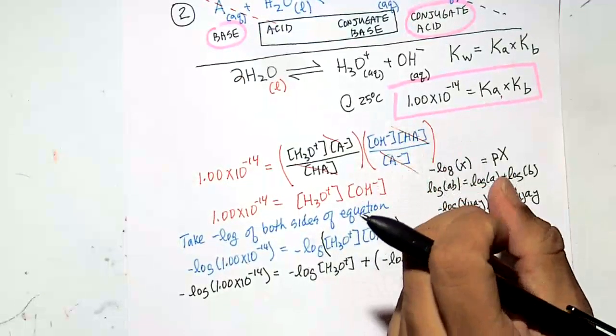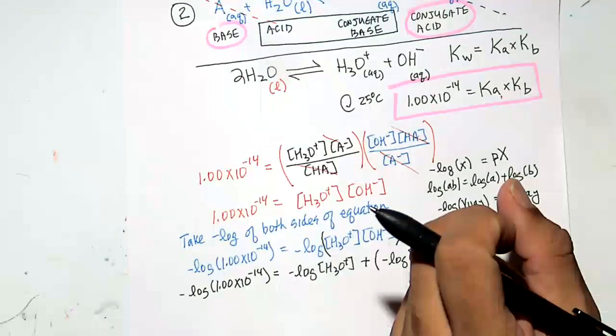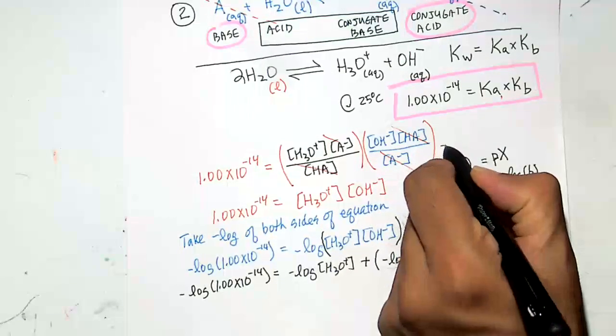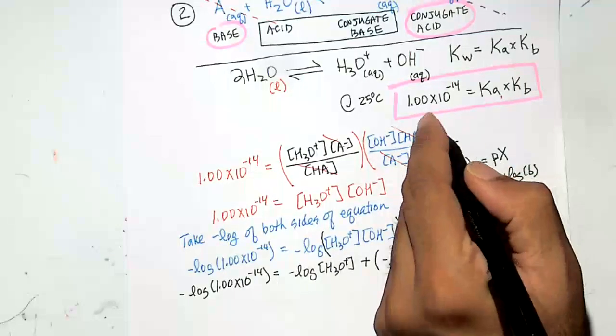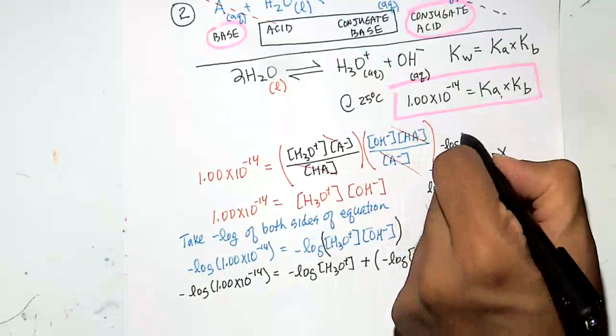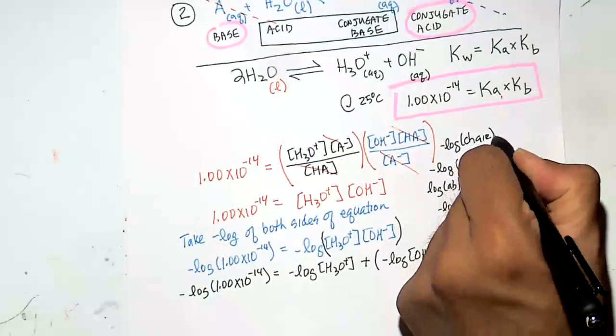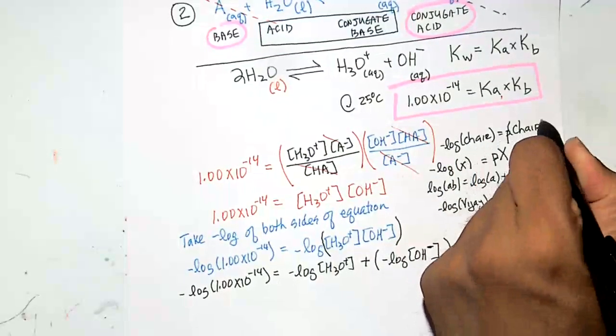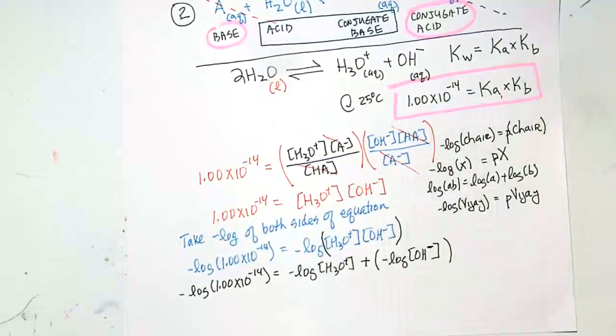That lowercase p stands for power. Minus log of, I don't know, chair, is power of the chair. It's nonsense, but minus log of anything is the power of something, which is lowercase p.